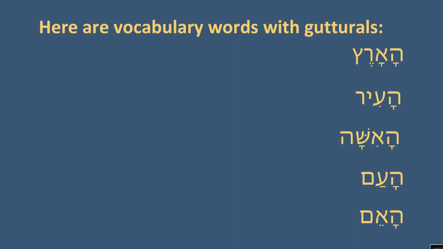So here are a few vocabulary words that you have encountered already, and each of these begins with a guttural. So you can notice that in each of these cases, the hey has a kamatz under it, and the first letter of the word, being a guttural, refuses to take a dagesh. So, haaretz, the land.